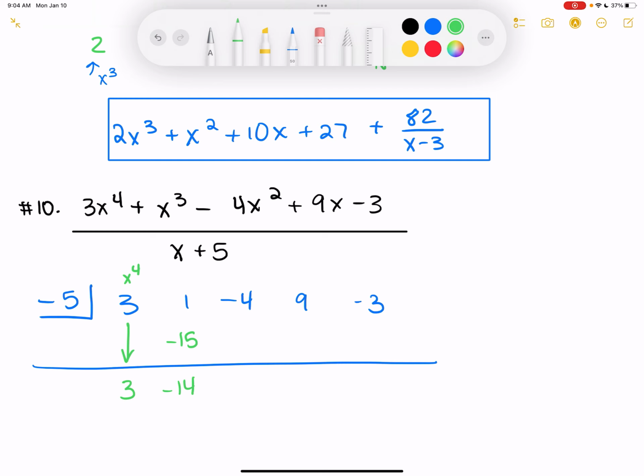70? Positive 70, right? So it'll be 66 times 5, so it'll be 330, right? Negative, but yes. So you plus 9, so it'll be negative 321.